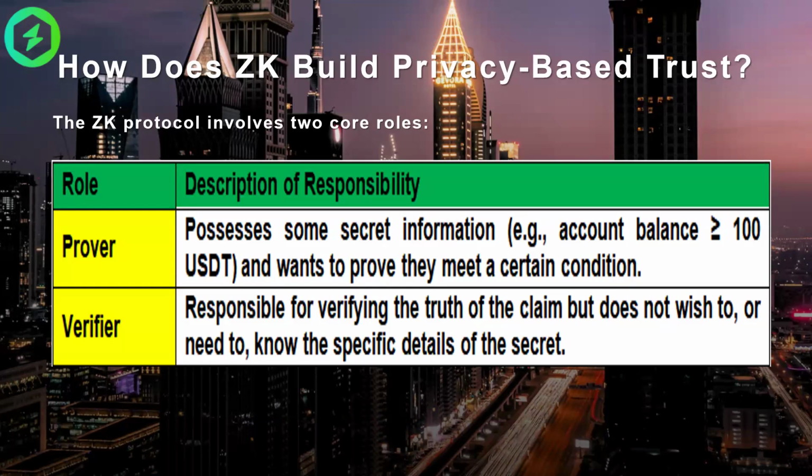You can see here, the prover possesses some secret information like an account balance and wants to prove they meet certain conditions. The verifier is responsible for verifying the truth of the claim, but does not wish to or need to know the specific details of the secret.